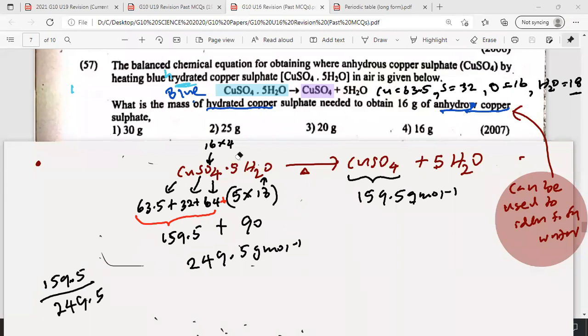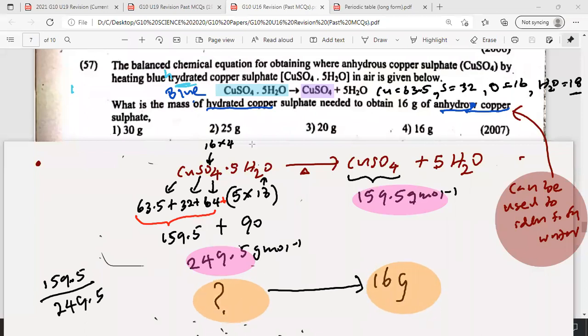Therefore the question is: to get 16, what amount should be heated? Any volunteers? The rest is maths.